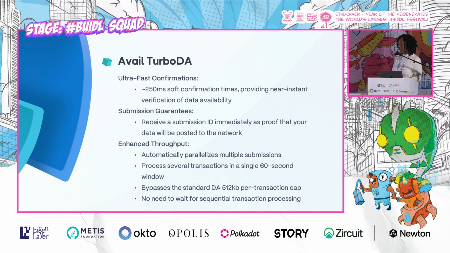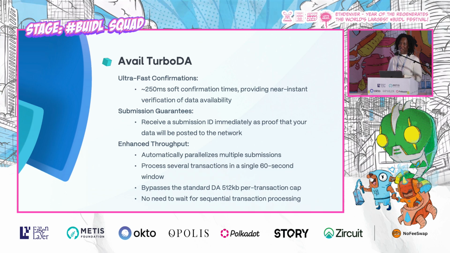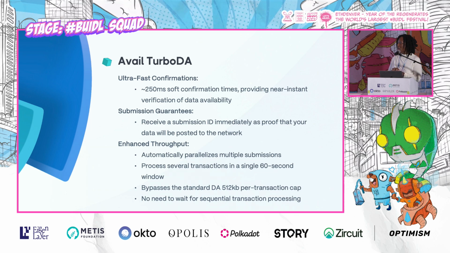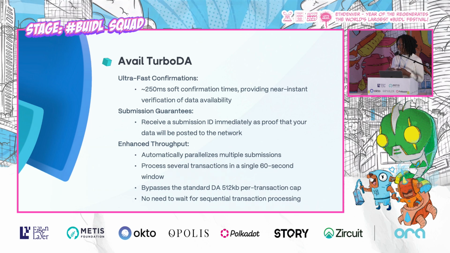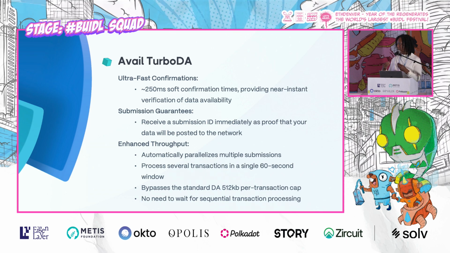But what if you were able to send all of your transactions to Turbo DA at the same time? If you're not DeFi, a lot of times you don't need sequential posting, but you do need them to appear in the same order. It still respects order, but it allows you to send multiple transactions through Turbo DA within a 60-second window, and it'll give you an instant confirmation of proof that it will be posted.